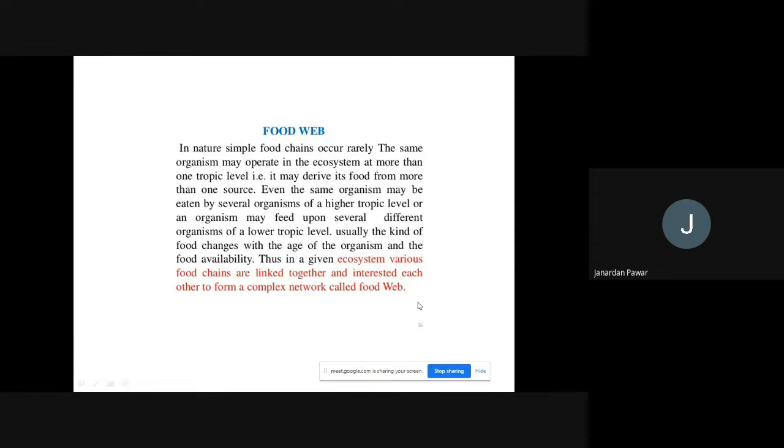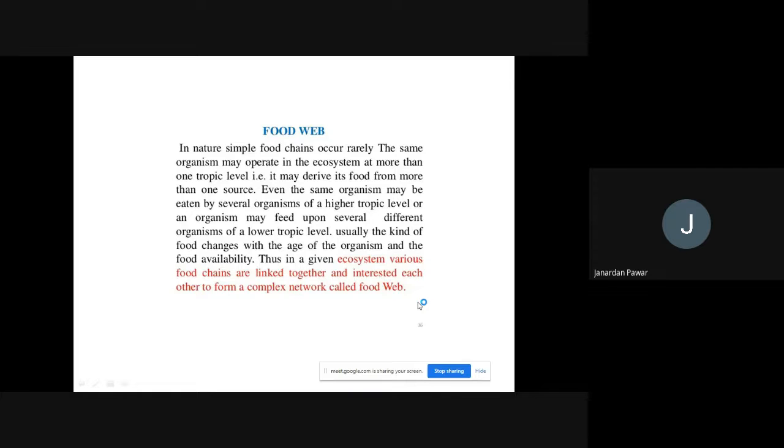Even the same organism may be eaten by several organisms of a higher trophic level, or an organism may feed upon several different organisms of a lower trophic level. So it is not mandatory, or assumed, that one food will be eaten by only one trophic level or only one organism. It may be eaten by several organisms as per their requirement, as per their use.